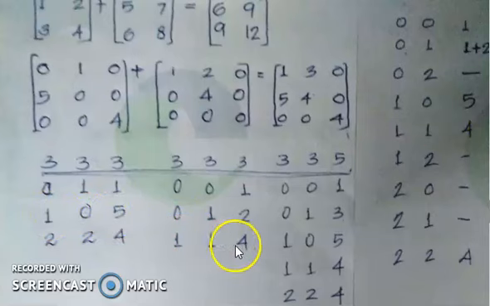At 1 1 we have an entry here that we are writing down. At 1 2, 2 0 and 2 1 we don't have entries in both these matrices. At 2 2 we have an entry here. Now from this we generate this matrix. Just fill in these values at these locations, and we get this matrix, which happens to be the sum of these two sparse matrices. That's it.